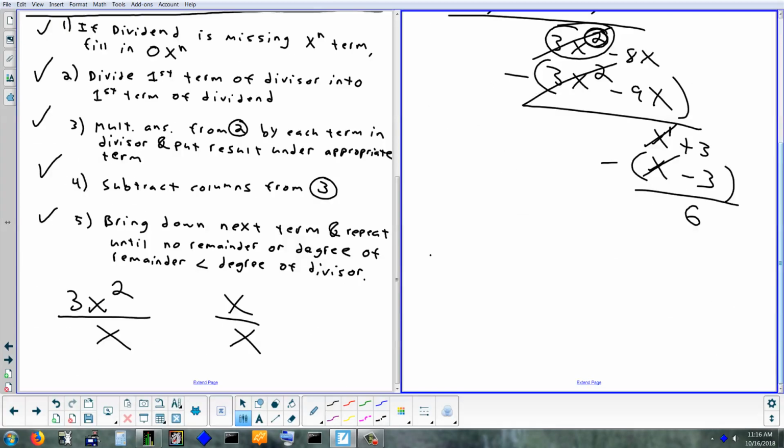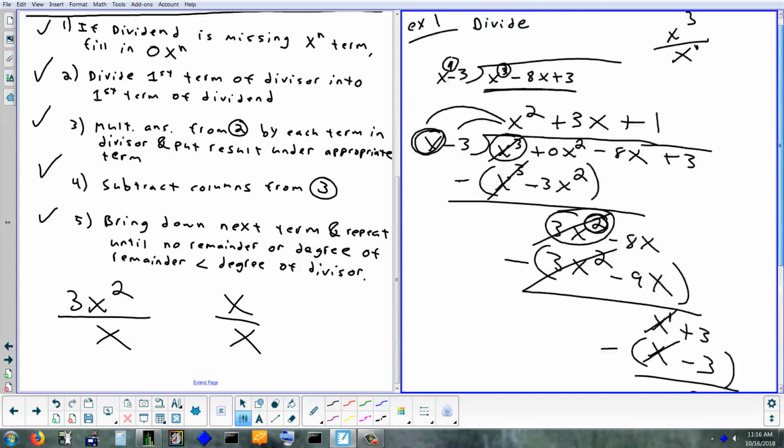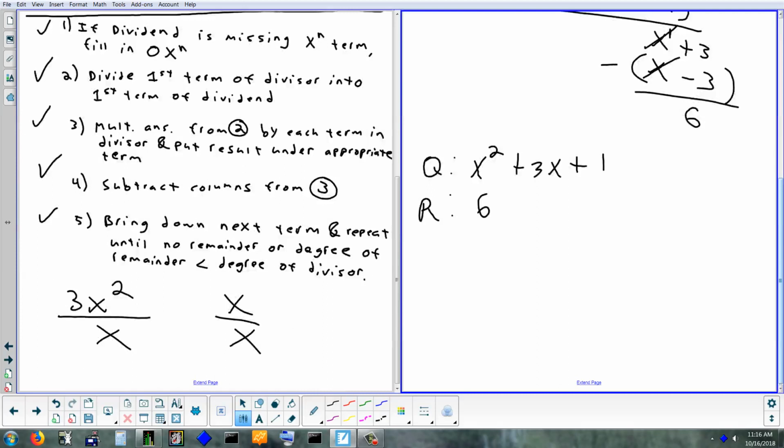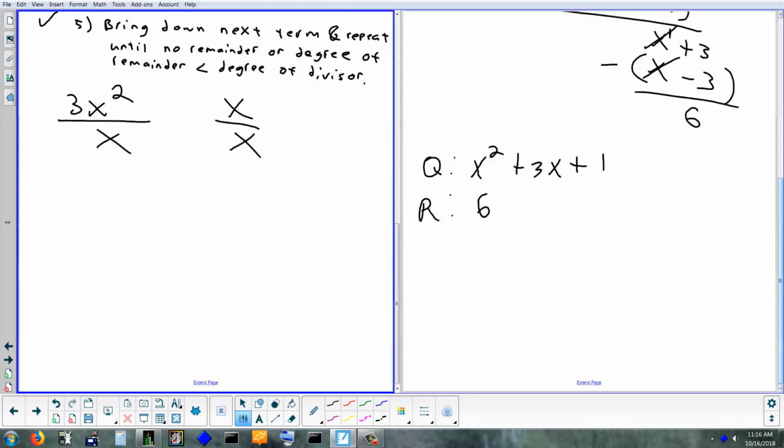Okay. Couple ways you can write your answer. You can write quotient, x squared plus 3x plus 1, and remainder is 6. Or you can write your answer the same way you would do it with numbers if it was long division.